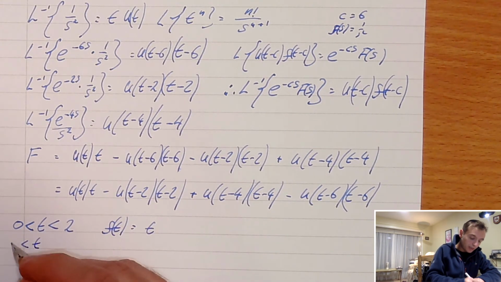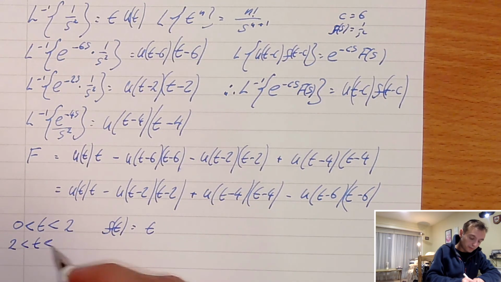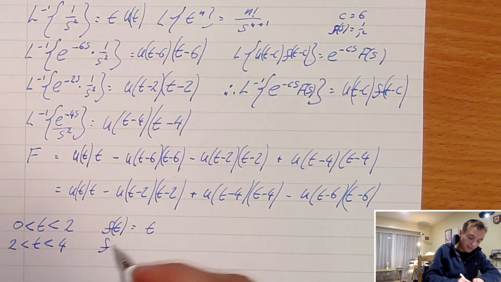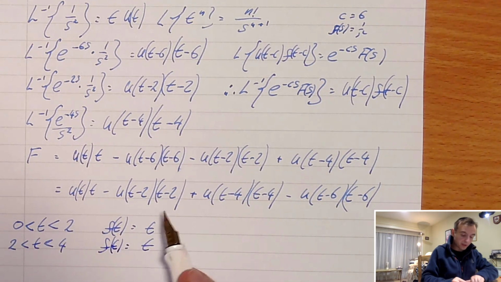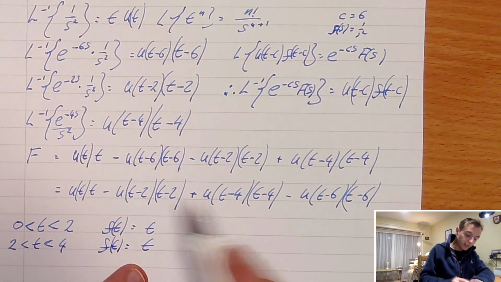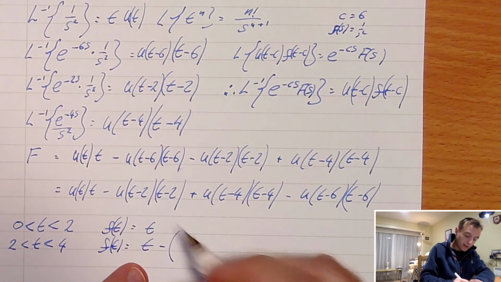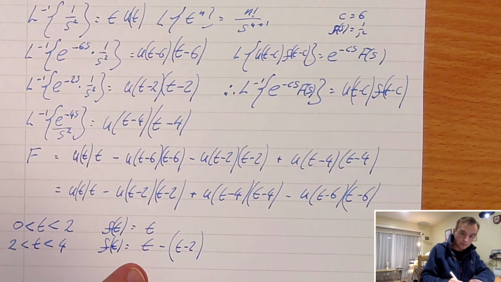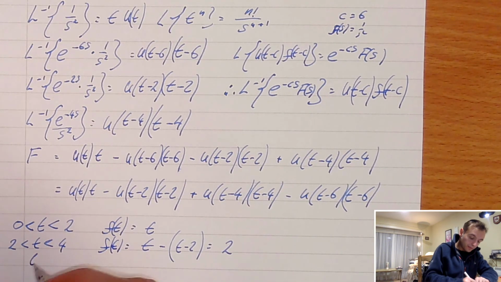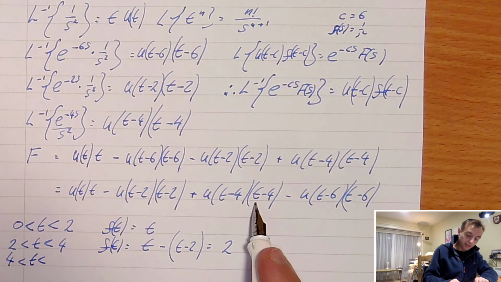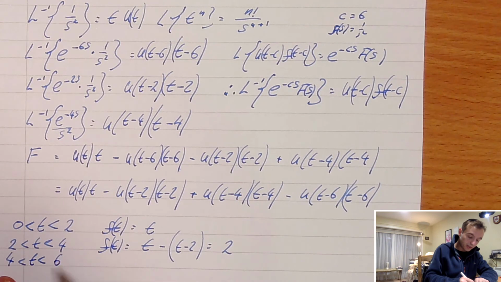When t is between 2 and 4, now we have f of t equals t, because that's on, but there's another function that's on. Remember, it's negative, which is t minus 2. So we have t minus t is 0, minus minus 2 is 2. Now, when t equals 4, there's another function that turns on, which is t minus 4, up until t equals 6.